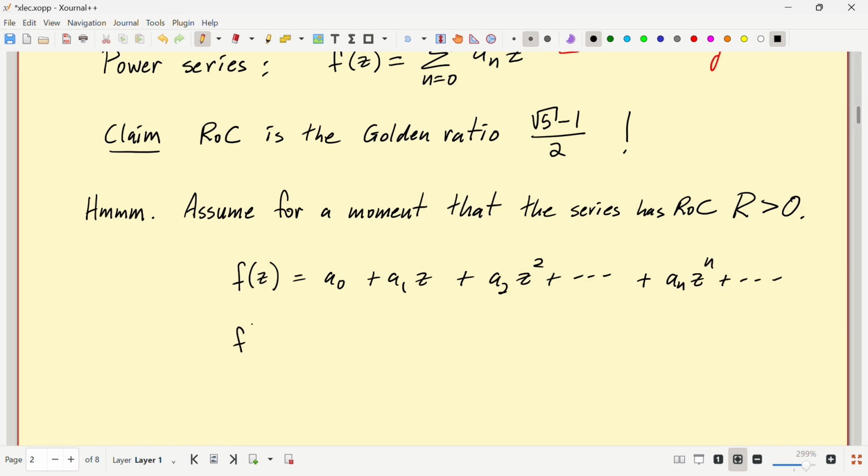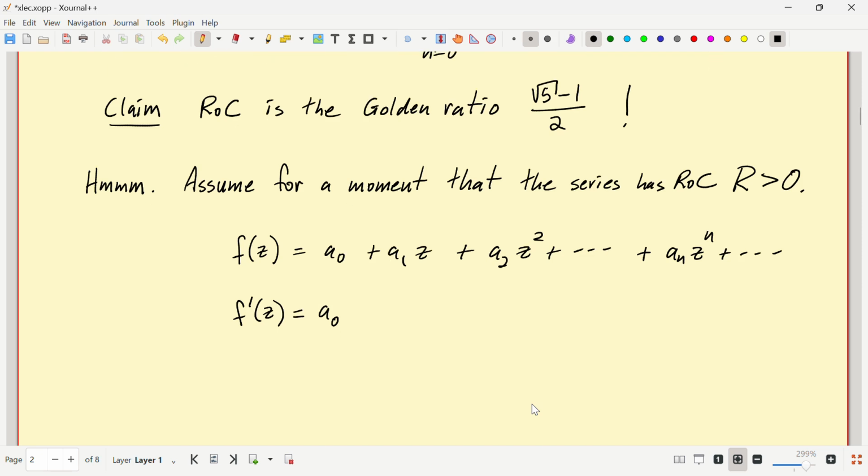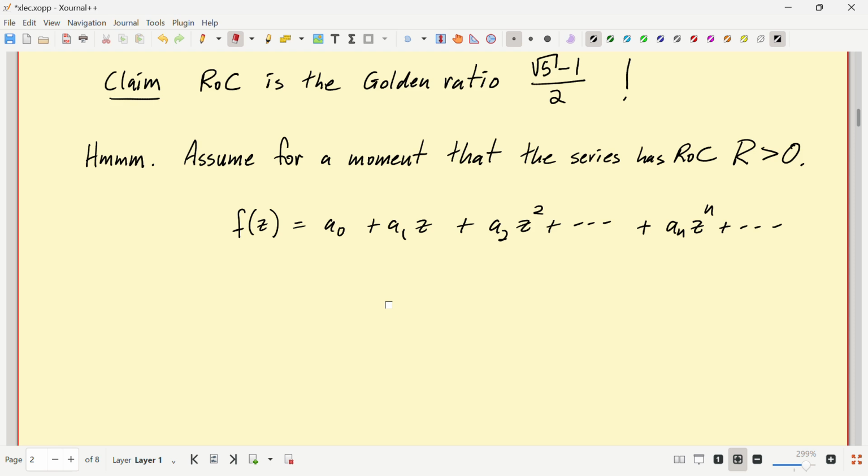Okay, let's think of f prime of z equals a naught... I thought this was an example of differentiating power series, but it's not. I differentiate and that would give me n times a_n. But I have this recurrence formula for the Fibonacci numbers. And so I'm thinking out loud now.